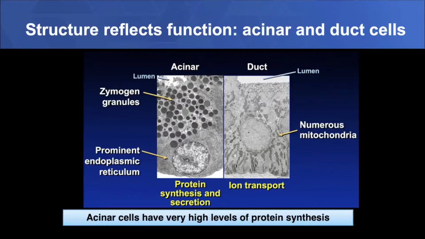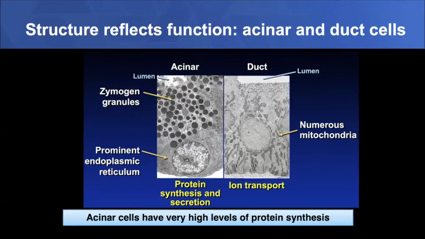You can see the difference easily between the acinar cell and the duct cell to the right. There are some dark structures. These are not as dark as zymogen granules. They tend to be linear, and these are mitochondria. And mitochondria in an epithelial cell mark them as cells that are likely to be involved in ion secretion.